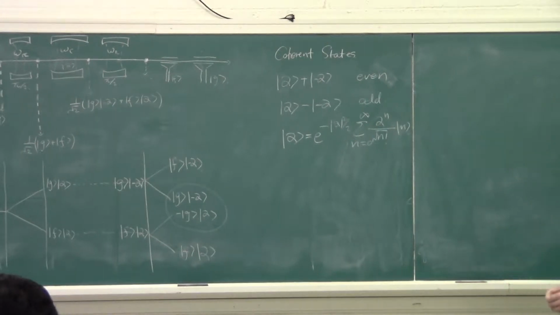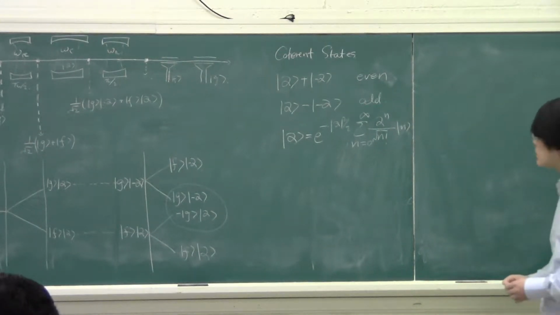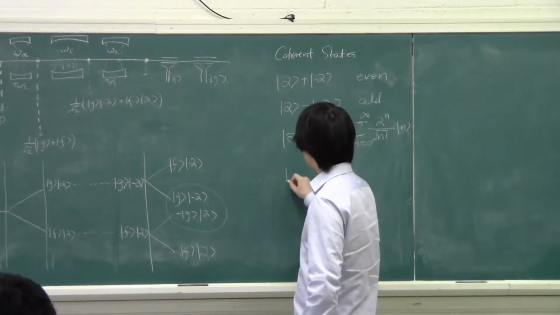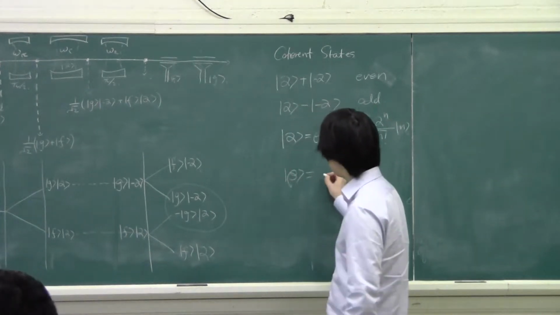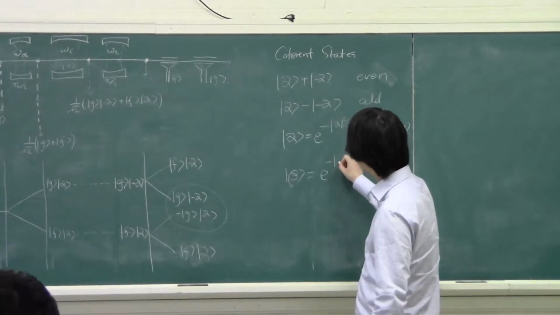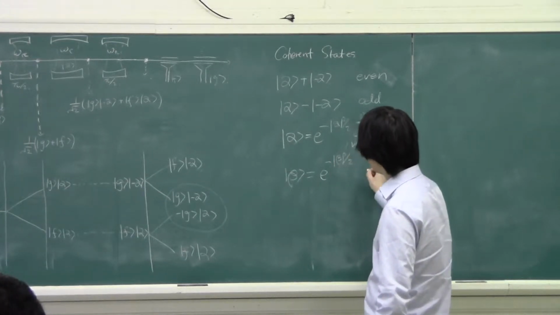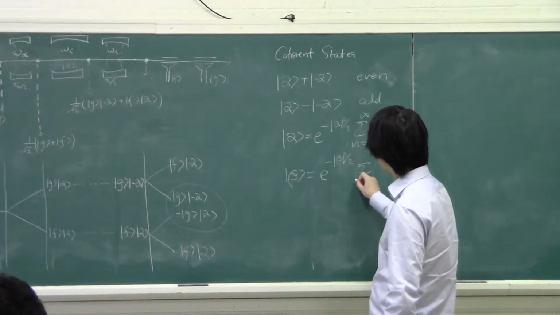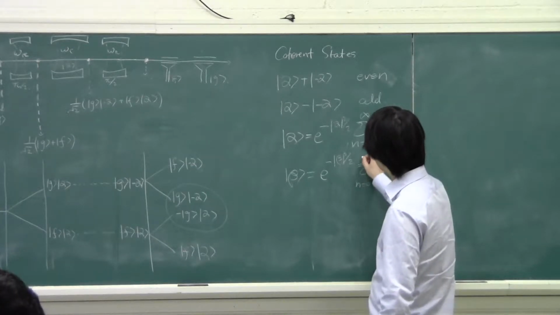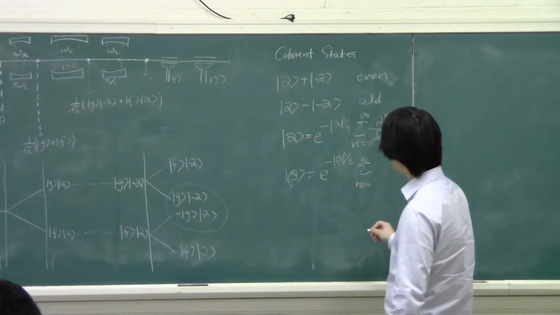Let's think about two coherent states expanded onto the number states, and let's find their overlap. Another coherent state may be given by beta. Let me use m over here.